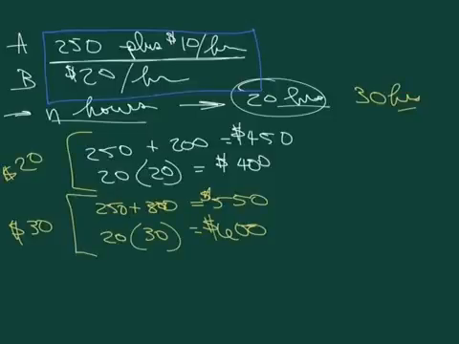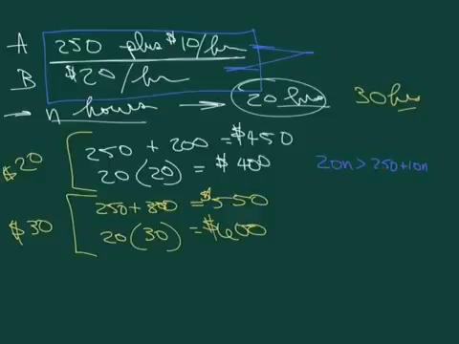Alright, so we need to find out at what point is B a better plan than A. Well, B is a better plan when the amount of money we make is more than the amount of money we make with the other one. Okay? So let me erase that and move the stuff over a little bit more. Okay, so when is $20 an hour times how many hours it takes a better deal than $250 plus $10 times how many hours? So that is our basic formula.